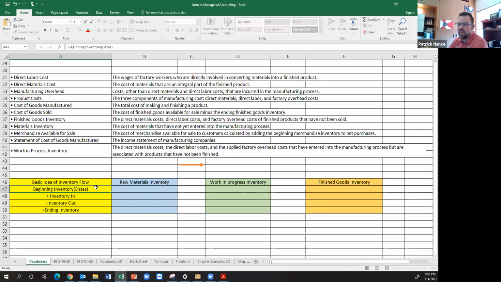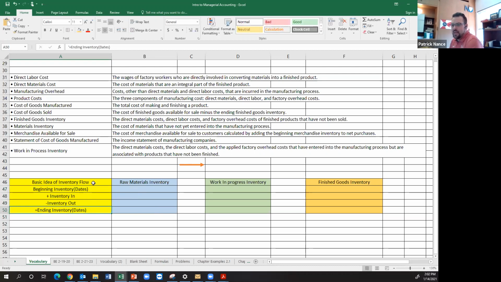So beginning inventory will be the earlier date. We add any inventory that comes in, we subtract any inventory that goes out, and that gives us our ending inventory. And this again could be a date. If it was the month of January, we'd have January 1st being our beginning inventory, and our ending inventory would be as of January 31st.